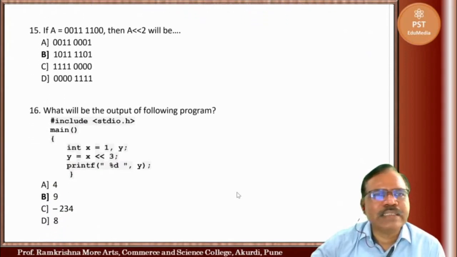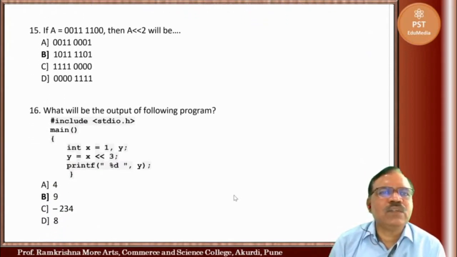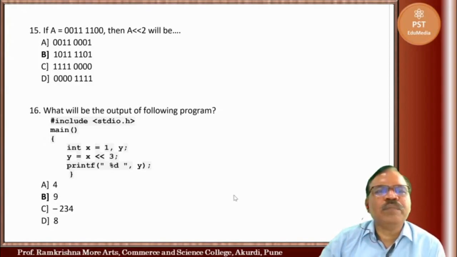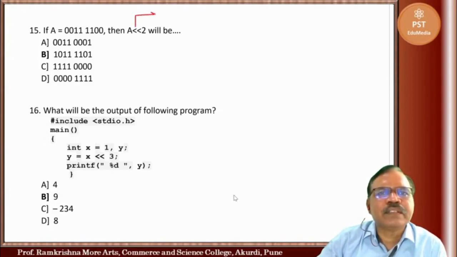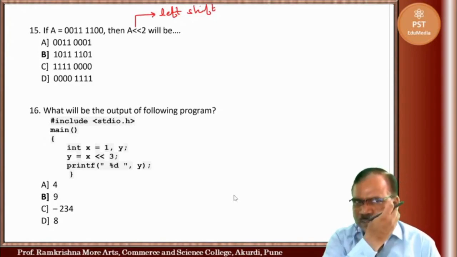I will take the same example. If A is equal to 0, 0, 1, 1, 1, 1, 0, 0, then A less than 2 means it is left shift, and by how many bits? 2 bits.